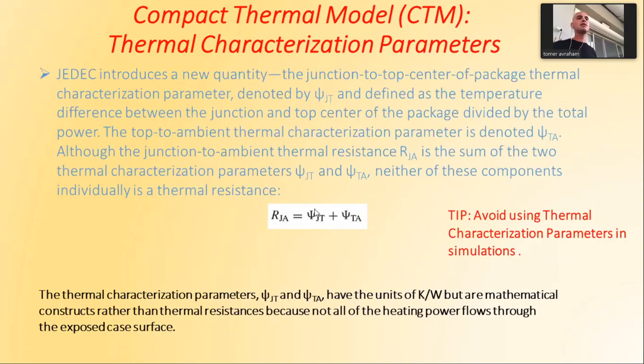This characterization parameter means what happens when all the power goes to the top, or what happens when all the power goes to the board. If we have two paths, one goes up to the thermal interface material and one goes down, then there's no use for this characterization parameter. So don't use that. It's a kind of a mathematical construct and not something that we should use.